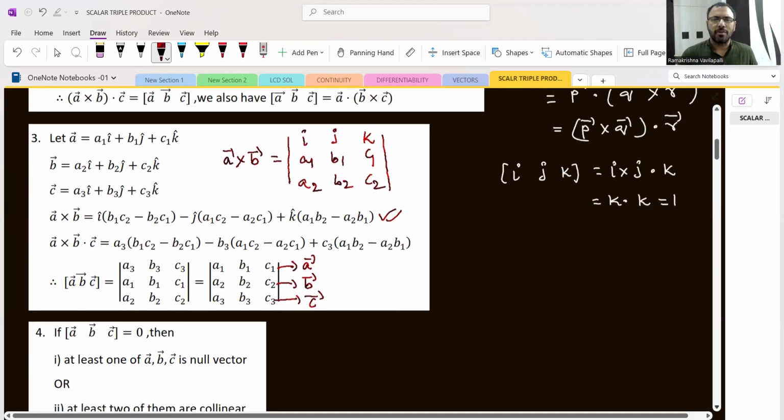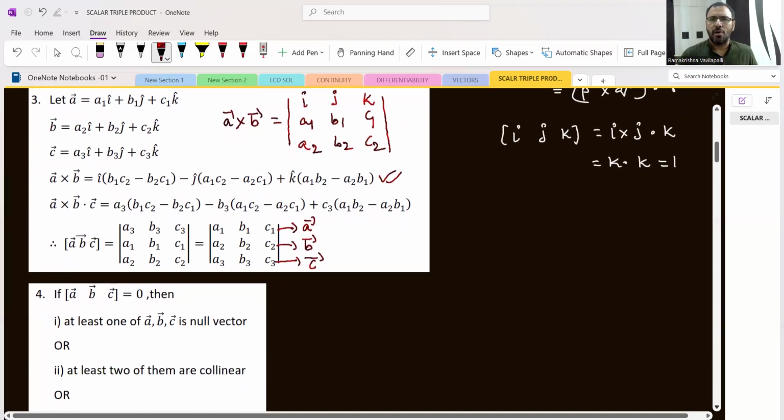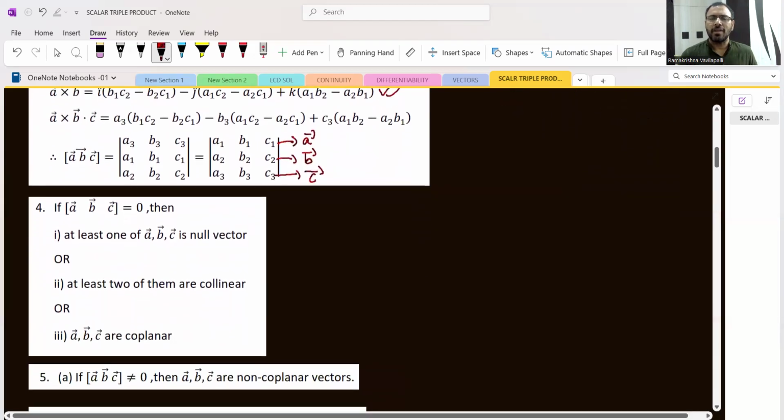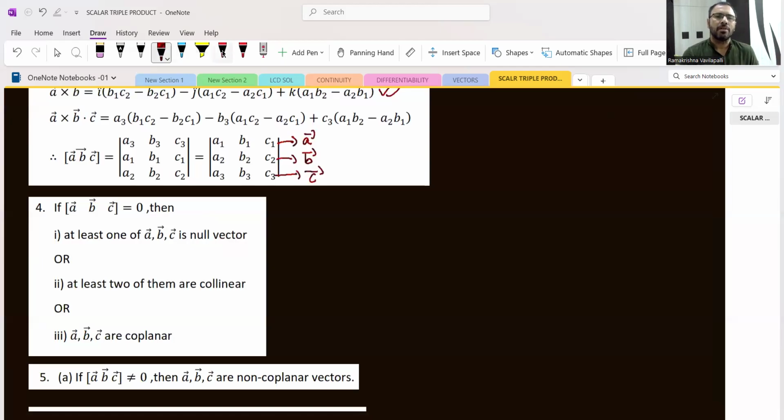Now, what are the simple properties of this box ABC? Remember, box ABC is nothing but A cross B dot C. You have to apply cross for two vectors and after that dot with the third vector. When will the box be equal to 0?